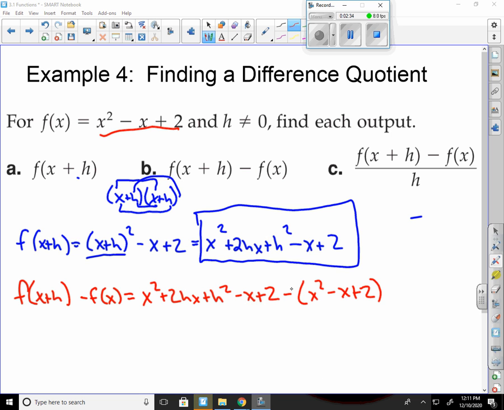Now I have to distribute this negative to all three terms. That gives me x squared plus 2hx plus h squared minus x plus 2 minus x squared plus x minus 2.